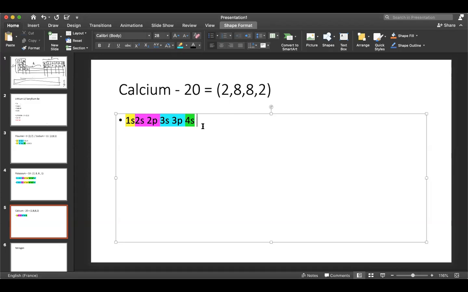Yes. So now, how many electrons are supposed to be occupied by the s orbital maximum? 2. The P, 6, the S, 2, the P, 6, and the S, 2.